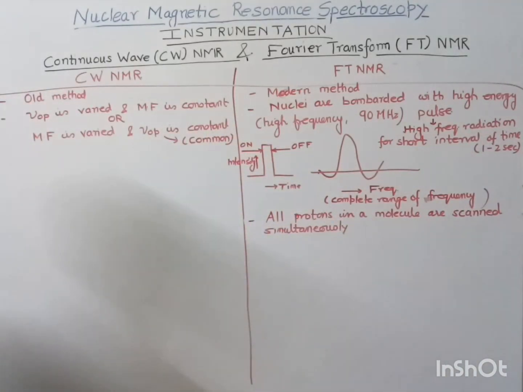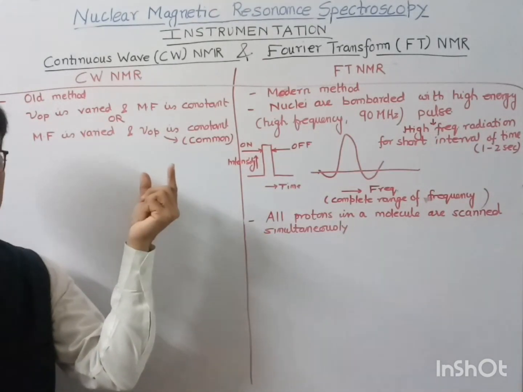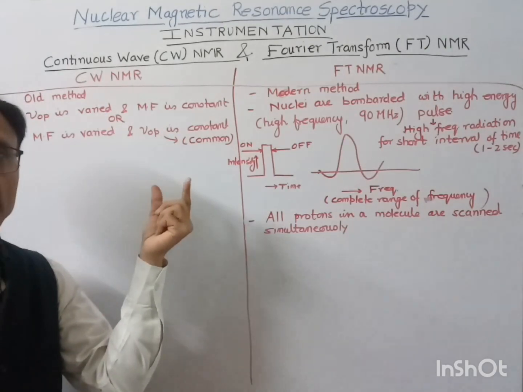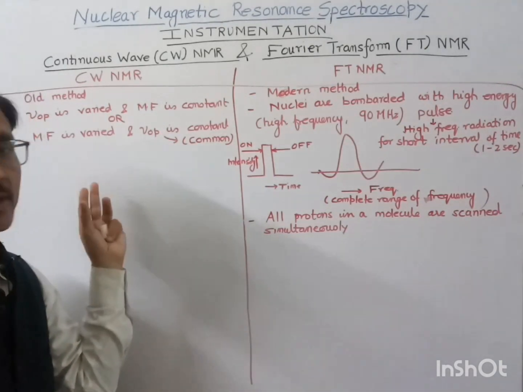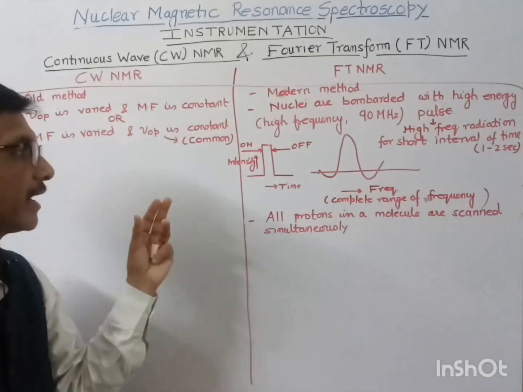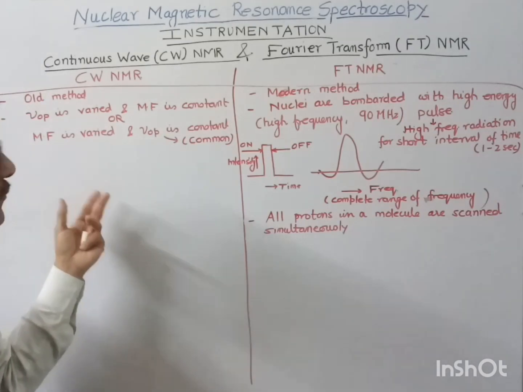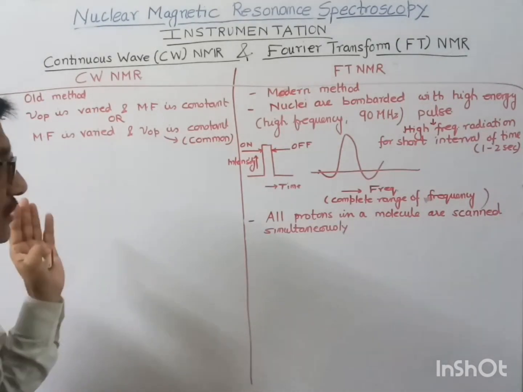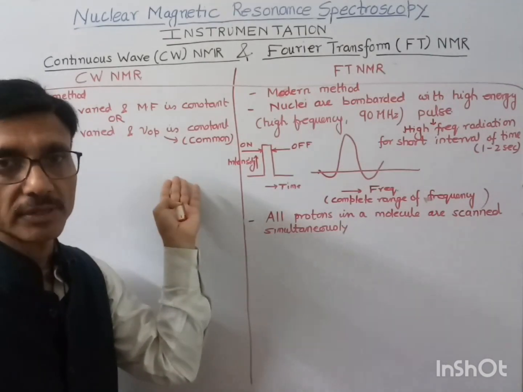But here, in CW-NMR, frequency is kept constant and magnetic field is varied. So each type of proton is scanned one by one. Simultaneous scanning is not there.